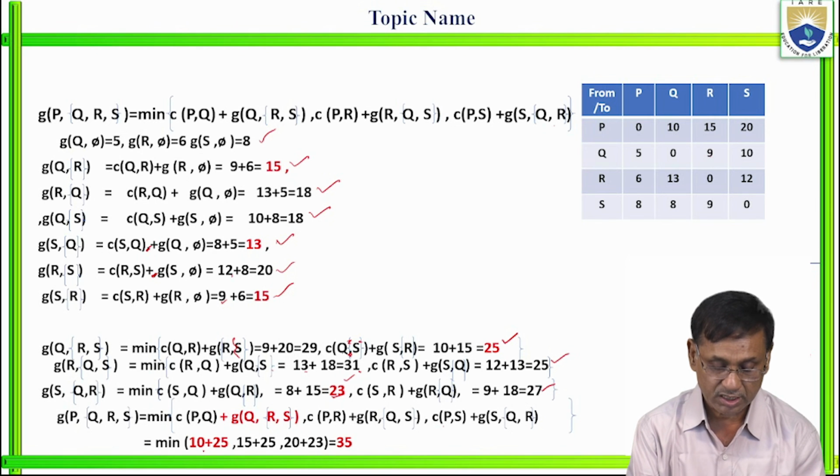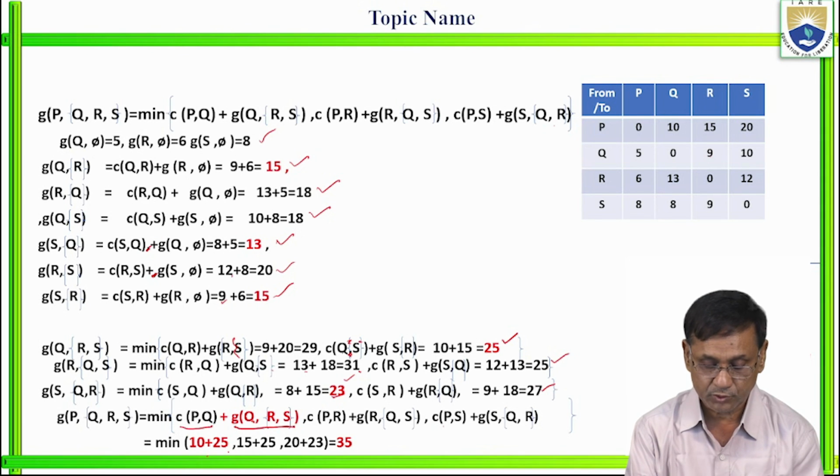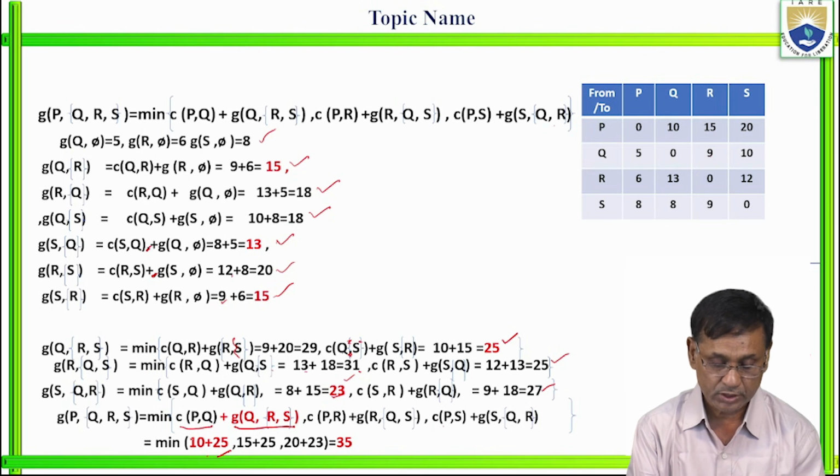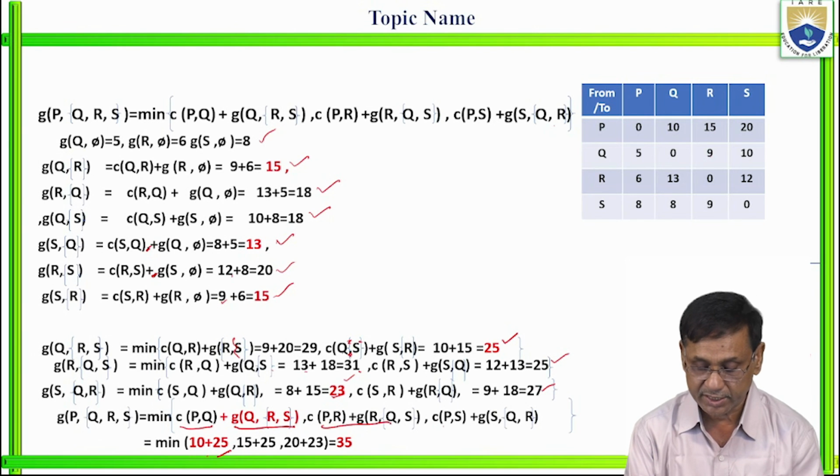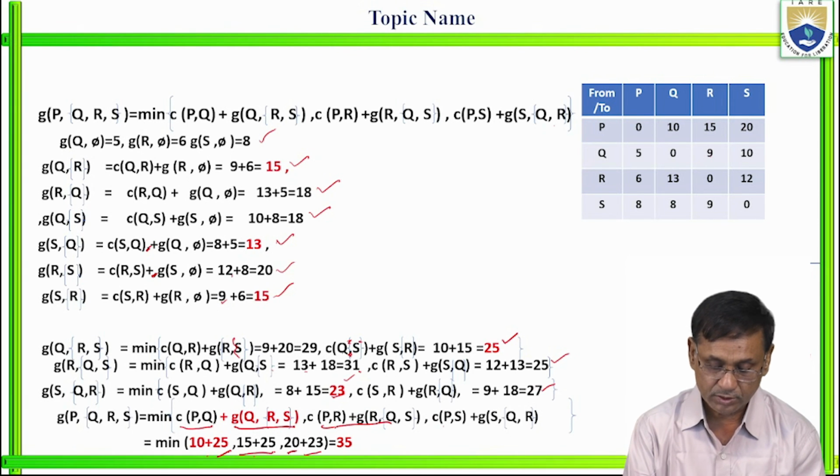In the first case, the cost is 10 plus 25. That means the cost of PQ is 10 and the cost of going from Q to R to S is 25. So this is 35. In the second case, the cost of P to R is equal to 15 and this is equal to 25, so the cost is 40. And in the third case, 20 plus 23 is 43.